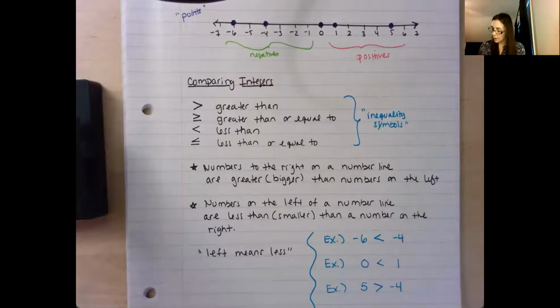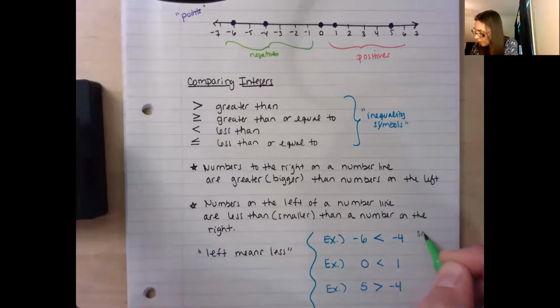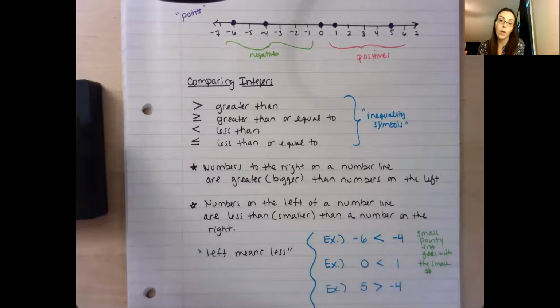Okay. The other thing you may want to notice, a good little trick for inequality signs, is that the small pointy end goes with the small number. So that small little pointy end is always pointing towards the smaller number.